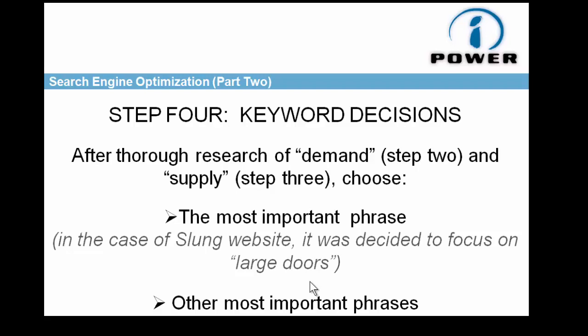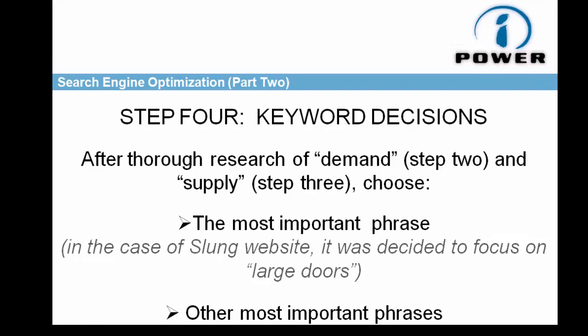So I had another round of conversation with my client, and he told me there are lots of other phrases, like flush seal, custom cladding, top hung doors, steel core doors, luxury doors, security doors. He said all of these phrases matter, that we should find a way to promote all of them. So we decided to promote large doors on the homepage, and these other phrases we will use on other pages on the client's website.